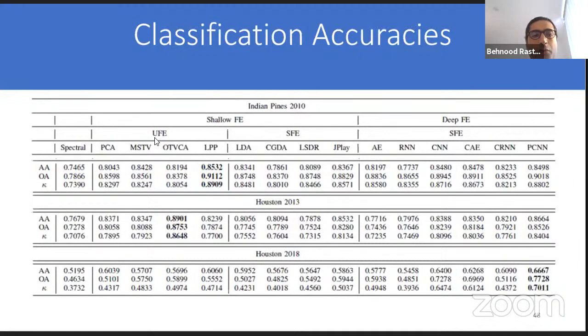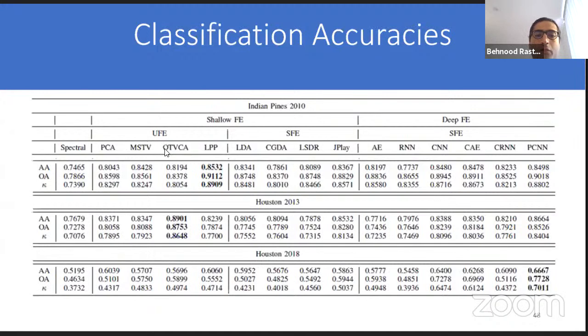For the unsupervised feature extraction techniques, we used PCA, MSTV, which I didn't discuss, but most probably you can find all the details for this technique in the paper. It is based on basically splitting and merging the bands of hyperspectral images to extract features.